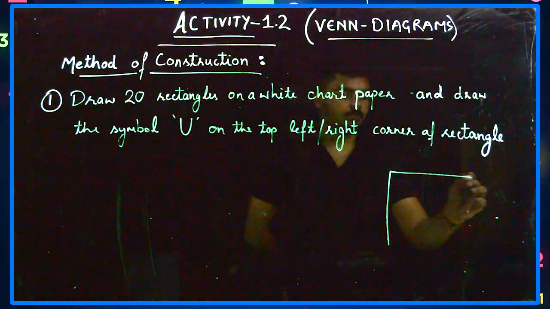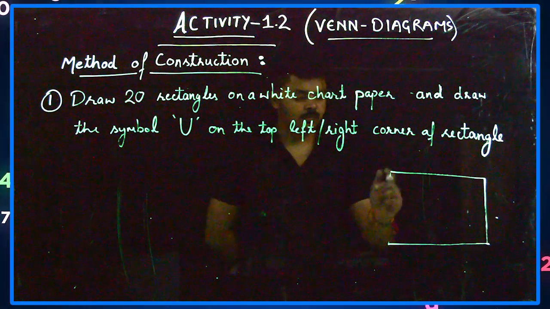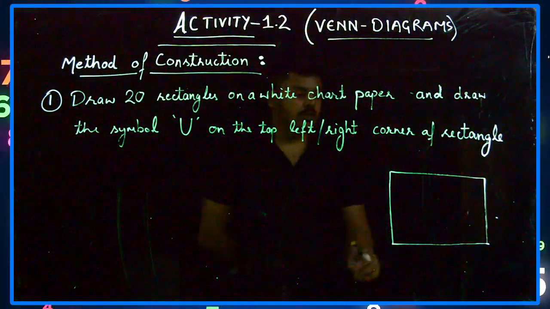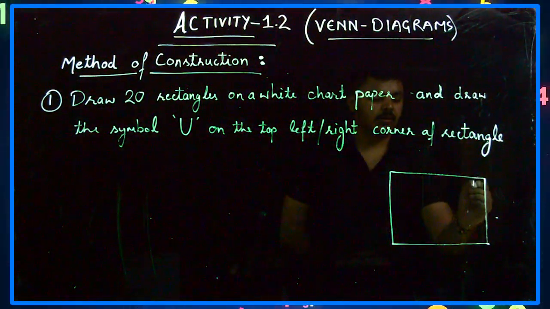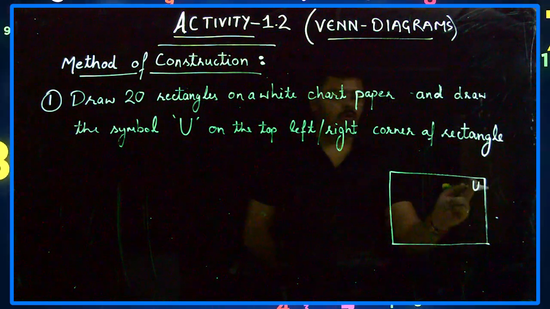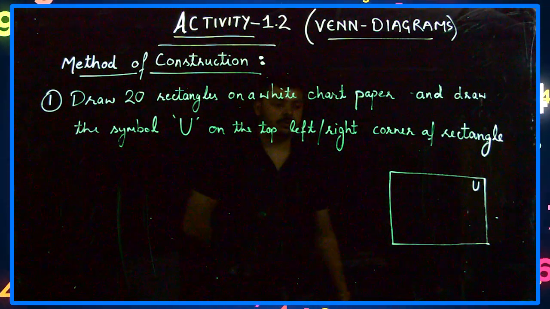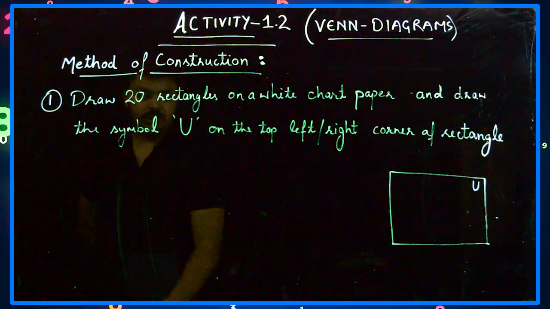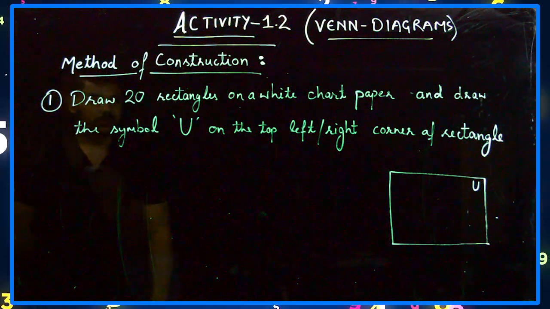Suppose this is our rectangle, so we can mark U on the top, right or left corner. So this U represents the universal set.